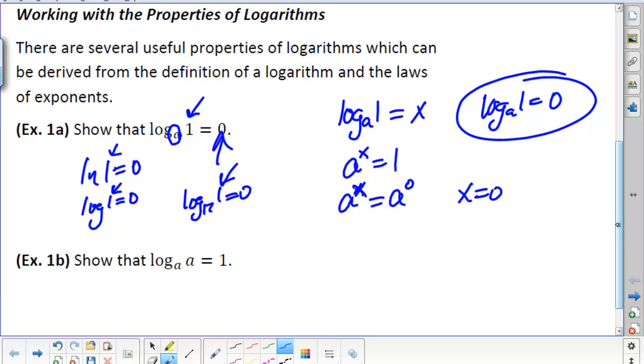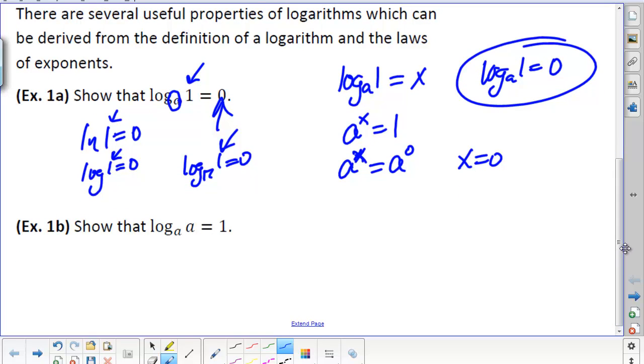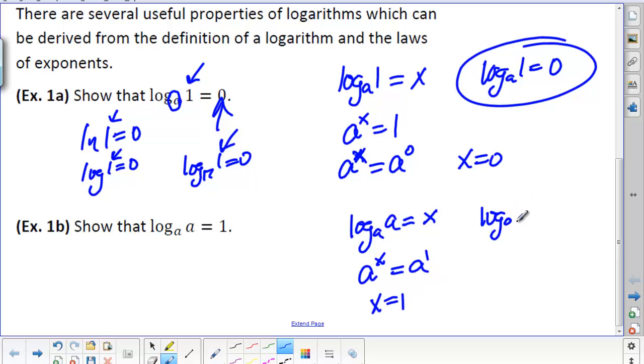The second property here says show log base a of a equals 1. So let's start out the same way. What's log base a of a? We don't know, so let's call that x. So a to the x equals a, which is the same as a to the first power, right? So x has to be 1, or in other words, log base a of a equals 1.